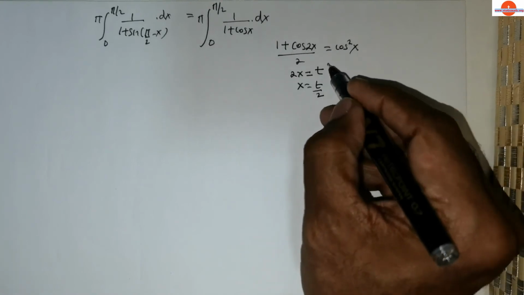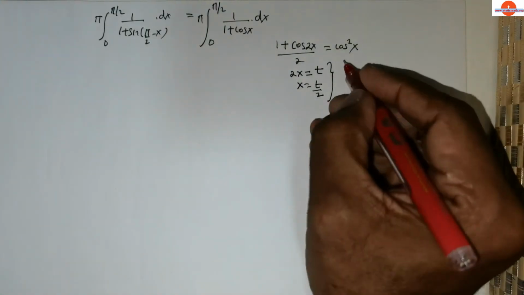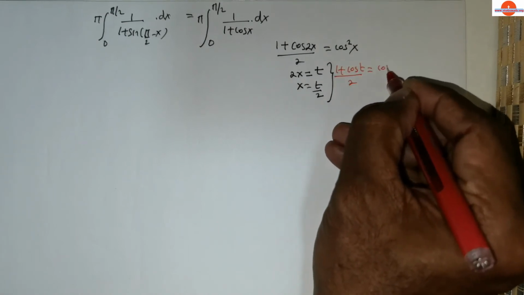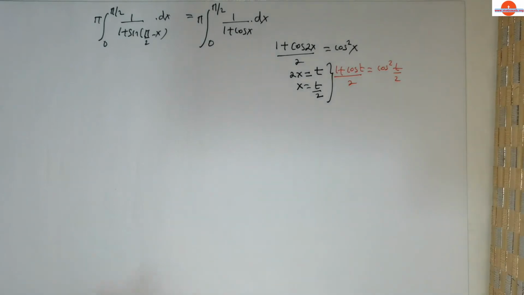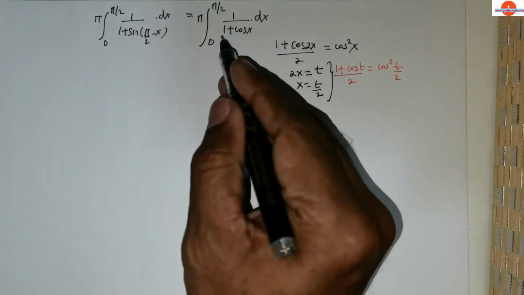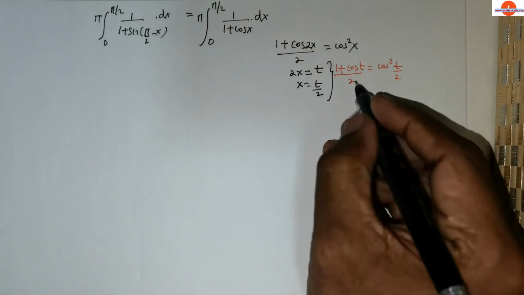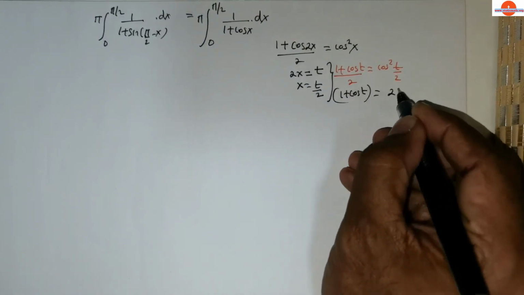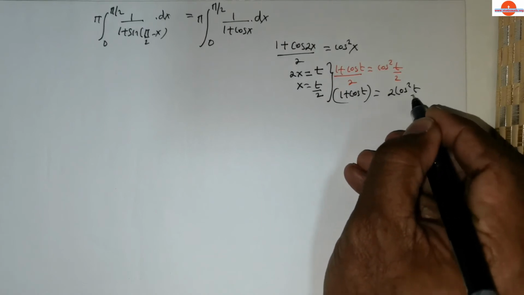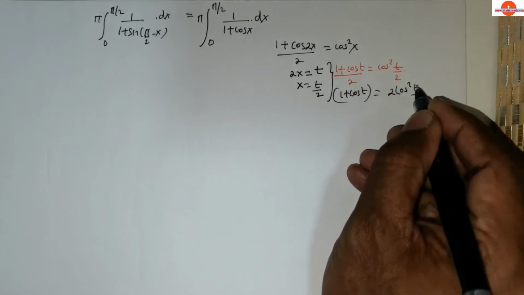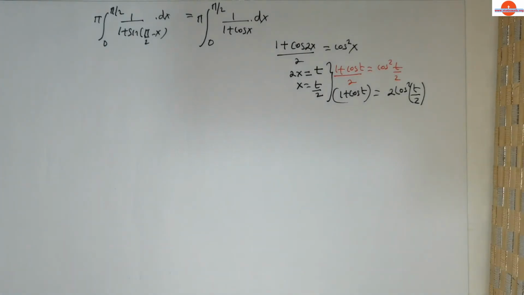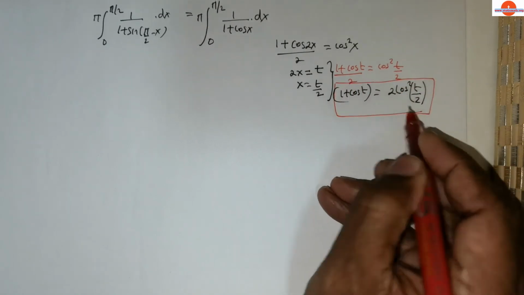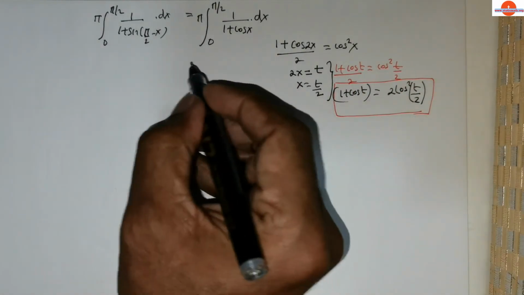So this result can be rewritten as (1 plus cos t) divided by 2 is equal to cos squared of t over 2. But since we only need 1 plus cos t, we can rewrite this as 1 plus cos t is equal to 2 times cos squared t over 2. So we would be using this result on this integrand.